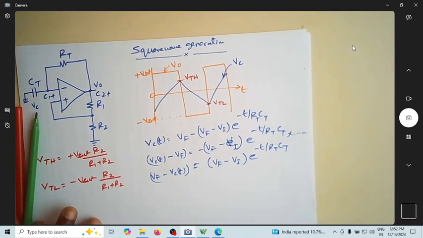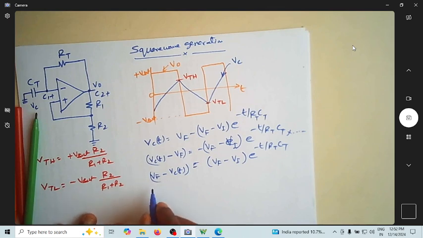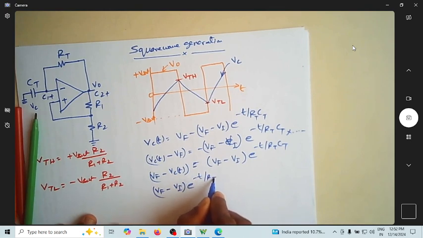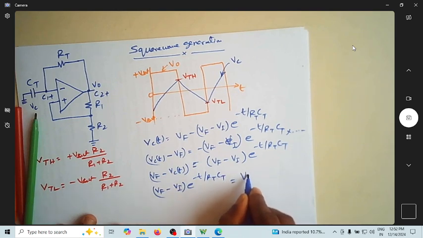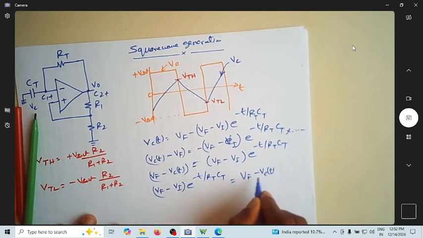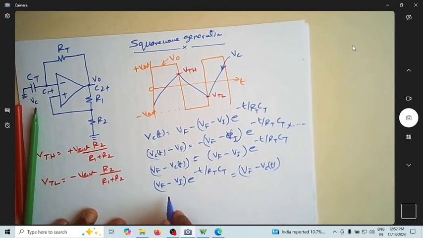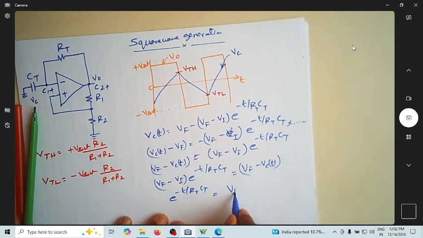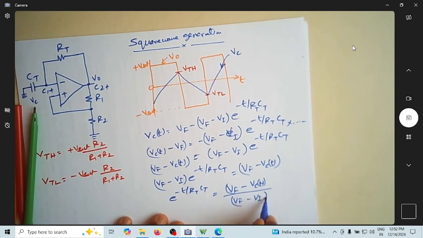Then I can rearrange this. I can write Vf minus Vi e to the power of minus t by rt ct is equal to Vf minus Vc of t. Finally, by simple cross multiplication, e power minus t by RTCT is equal to Vf minus Vc of t divided by Vf minus V initial.